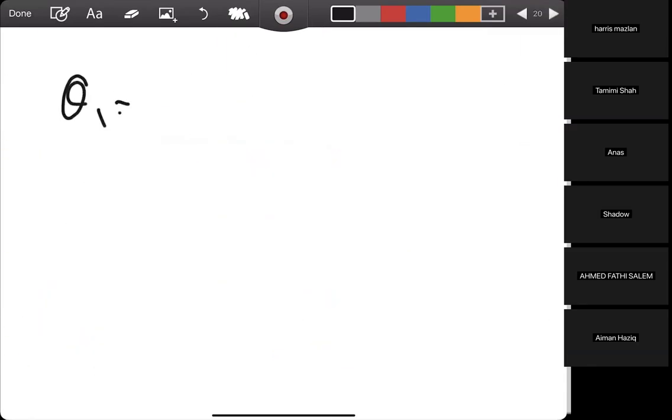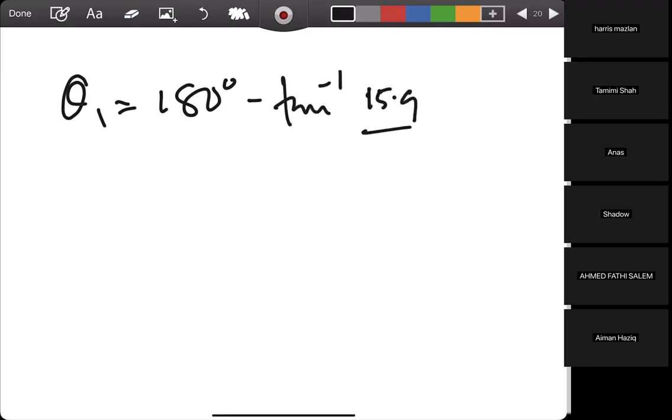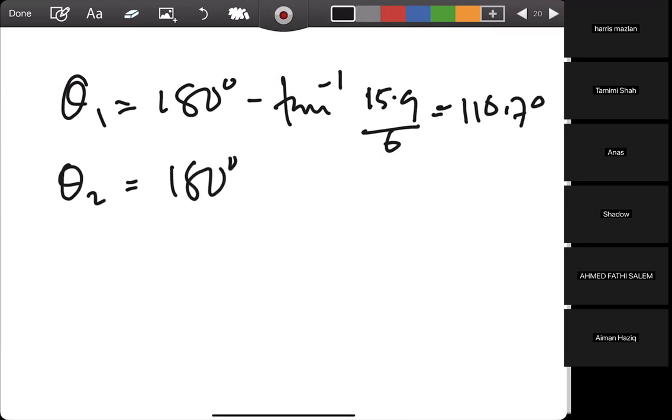Theta 1 is arctangent, 101.7 degrees. Theta 2 is arctangent over 3.